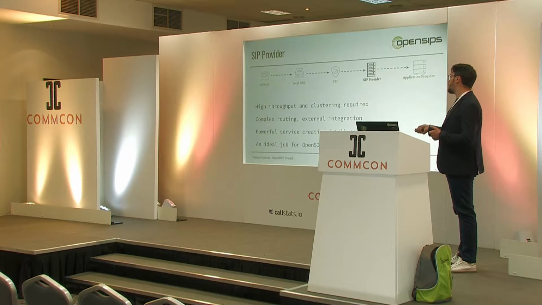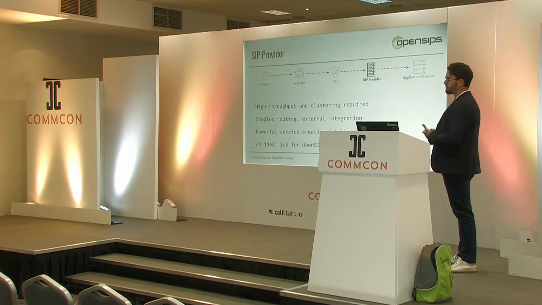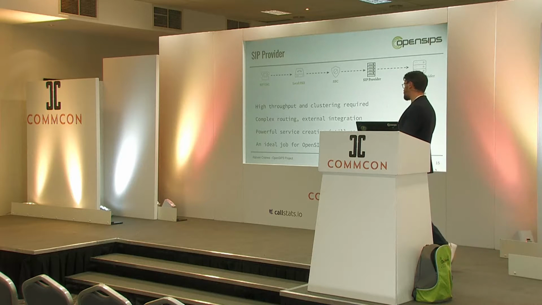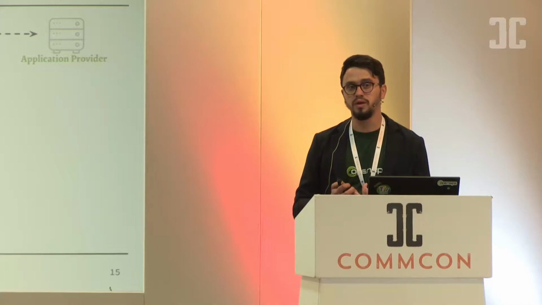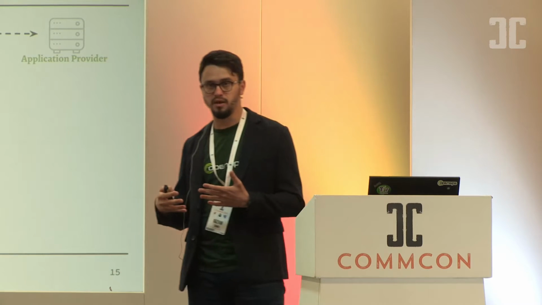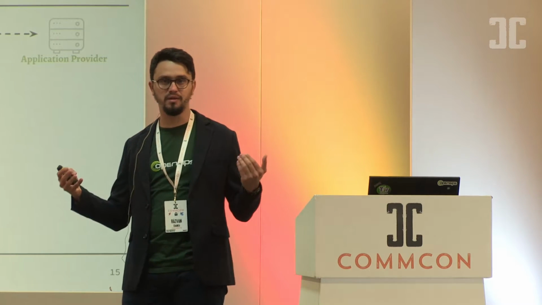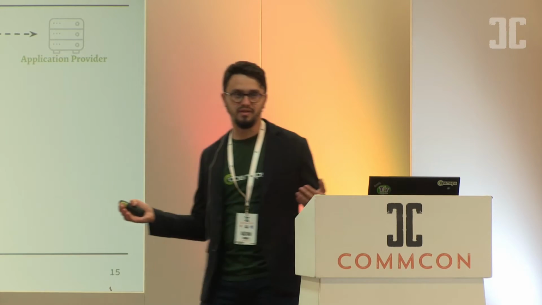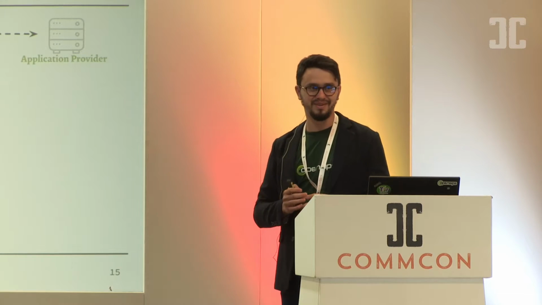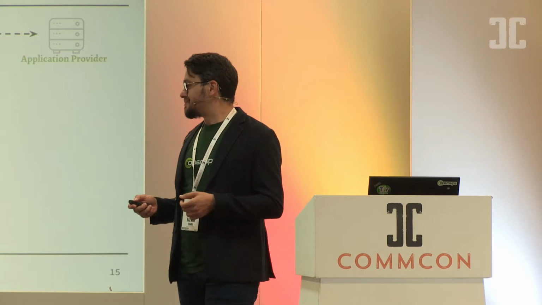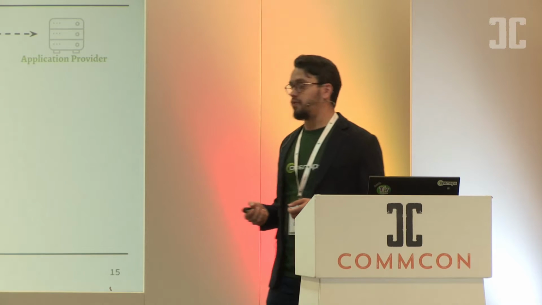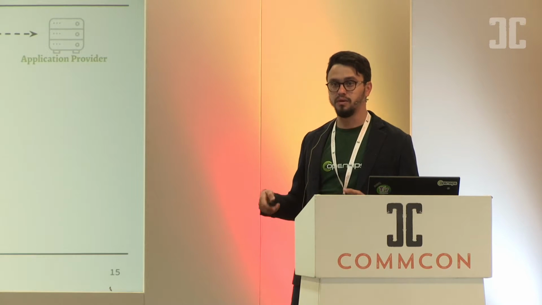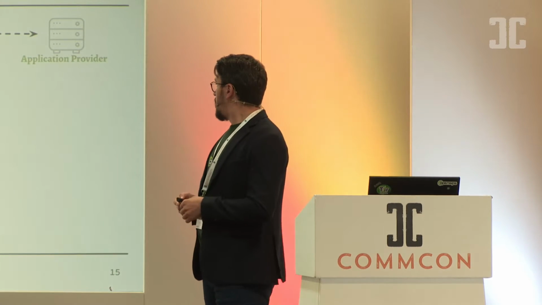Therefore, we can enforce powerful services. However, we are still not handling media because, well, you know, if you handle media, you have different other pains. Probably Lorenzo knows better. But it's still a great job for OpenSIPS to work as a SIP provider.